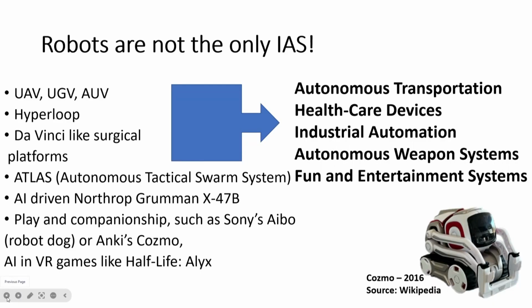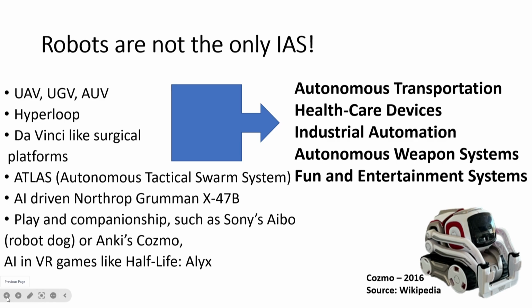course. So, what we discussed in the last lecture, if you remember, is that when we talk about an intelligent system, we not only talk about robots, because robots are not the only intelligent autonomous system, or IAS, but many other autonomous systems exist.